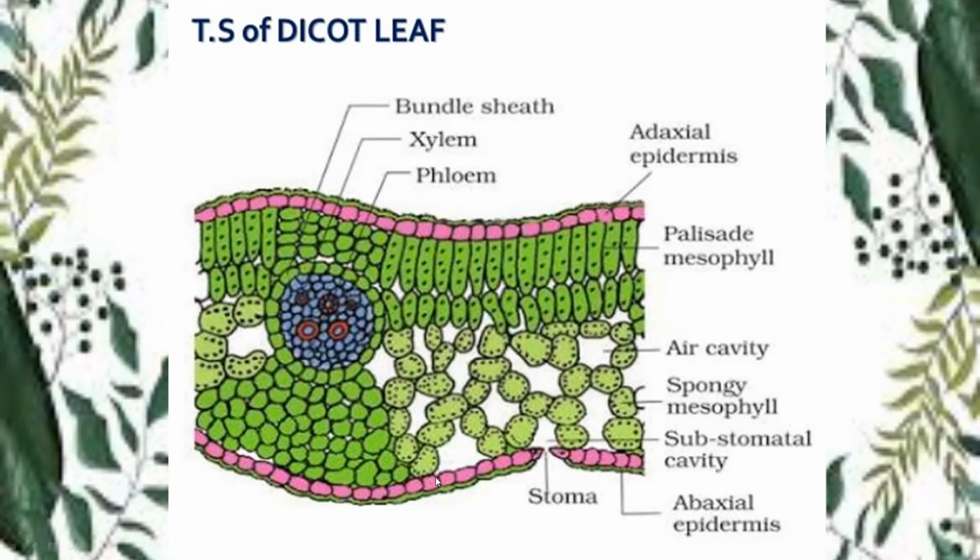So plenty of stomata are always present in the abaxial surface of the leaf, and the stomata are the openings through which the exchange of gases takes place. And these are the guard cells which guard the stomata, and the cavity above the stomata is called the substomatal cavity. So the internal part of the leaf is clear.